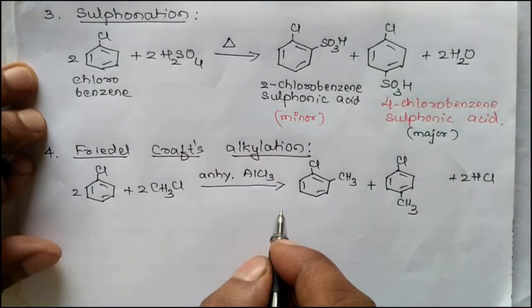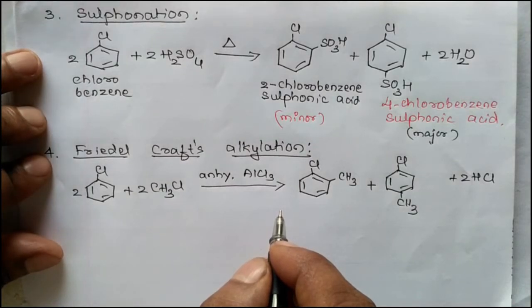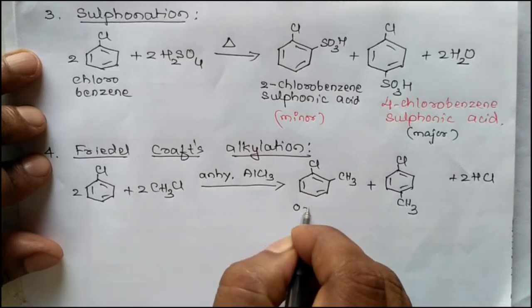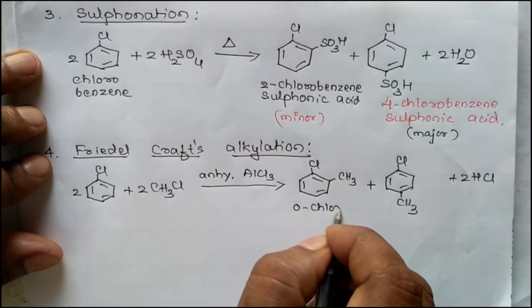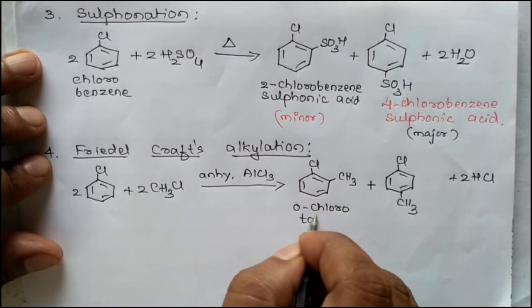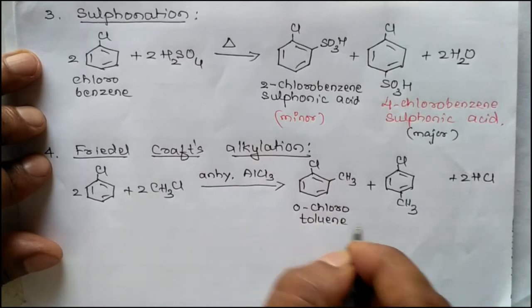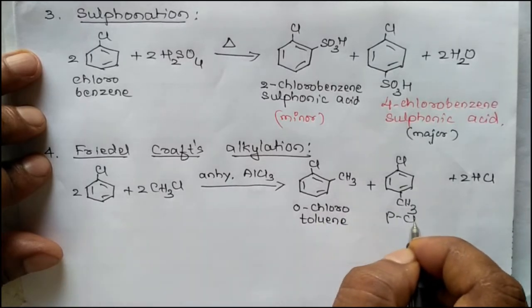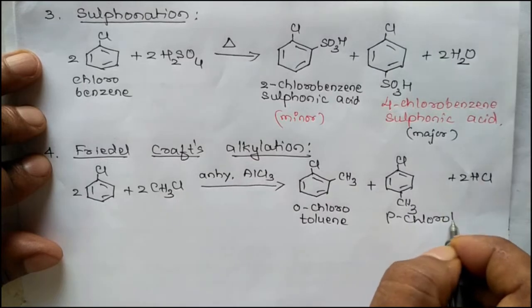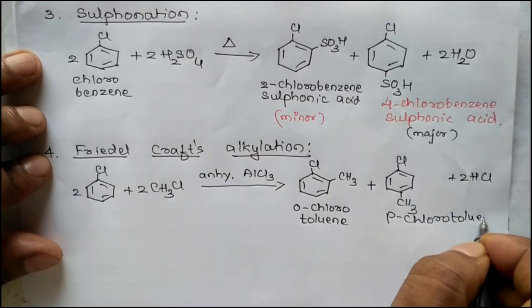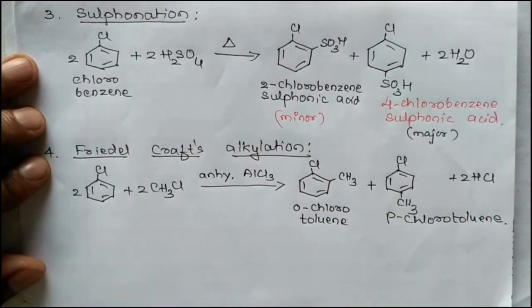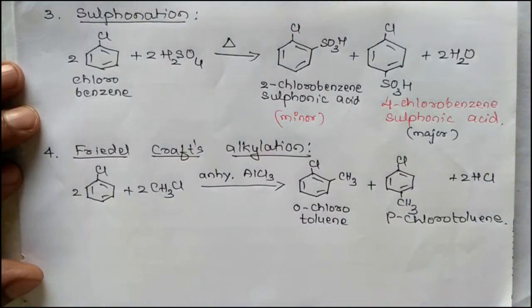This is 1-chloro-2-methylbenzene or orthochlorotoluene, and this is parachlorotoluene. This is about Friedel-Crafts alkylation.